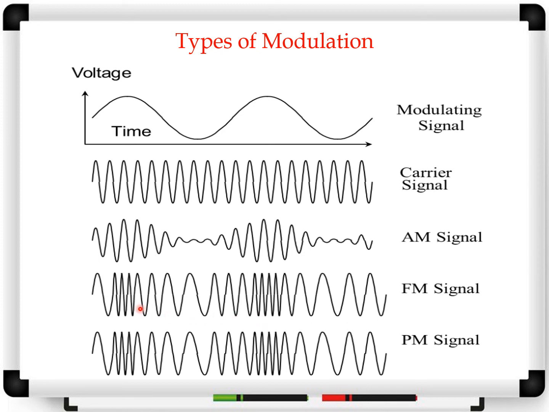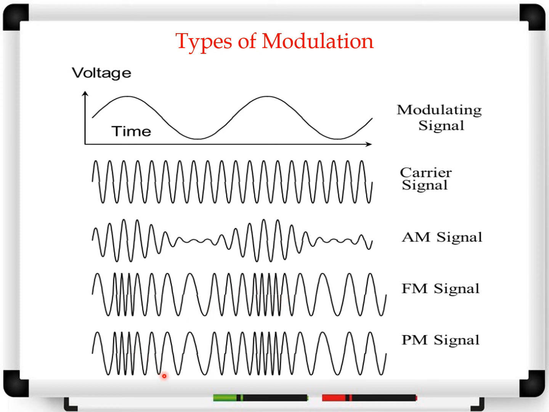In an FM signal there is change in frequency, but no change in the amplitude of the carrier. The amplitude of the FM signal is the same as the amplitude of the carrier signal. So there is frequency deviation, a change in frequency from its basic carrier frequency, and it can be greater or less than the carrier signal frequency.